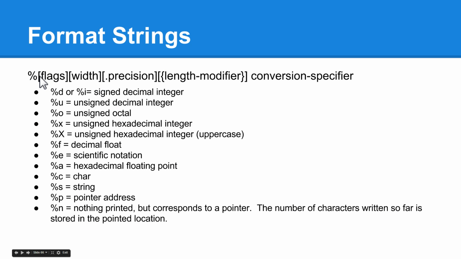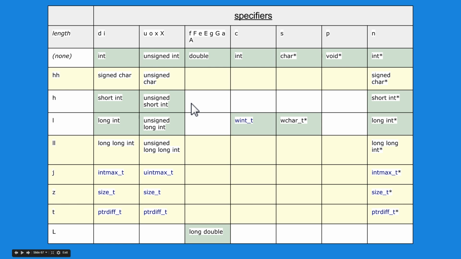The various things you can have are flags, width, a dot precision, a length modifier, and then the conversion specifier. The length modifier is this column. You can have nothing, the normal one by default, HH, H, L, LL, and so on. But for now, let's just concern ourselves with this first row, and for each one of these values, it specifies the size.